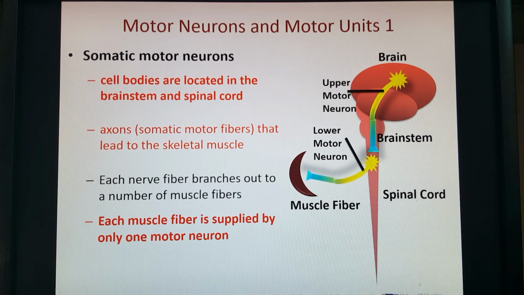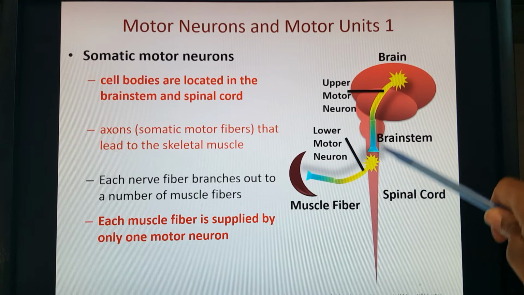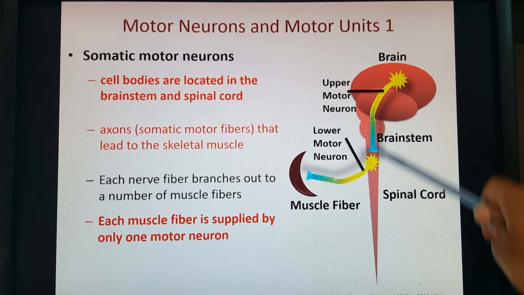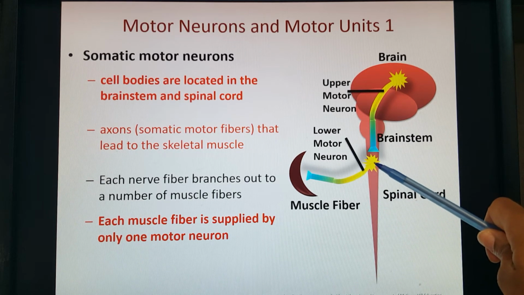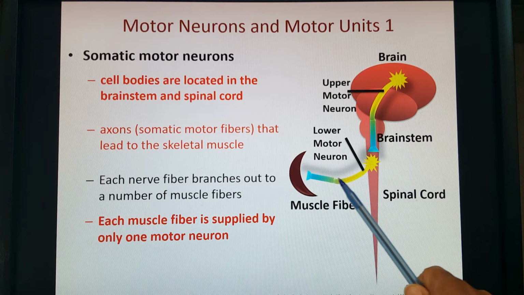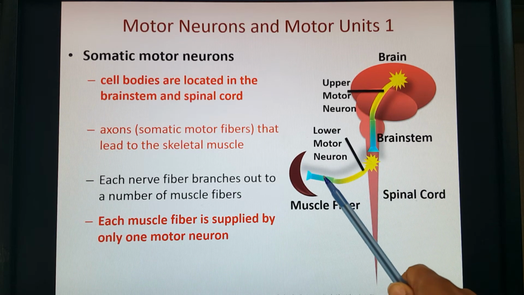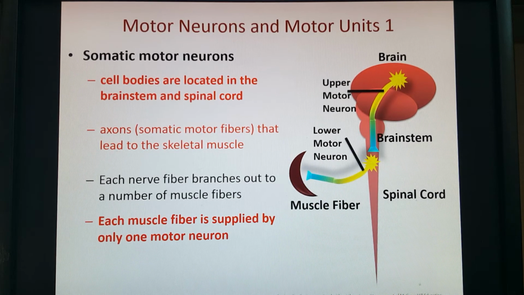The ones that target a muscle fiber have their cell bodies located in either the brainstem region or the spinal cord. From the brainstem or spinal cord, the signal is sent through the axon, this long extension off of the cell, towards our actual muscle fiber, so towards our actual cell.